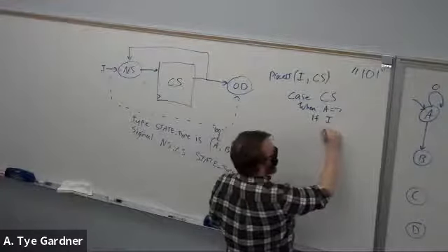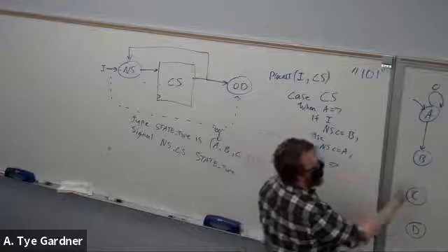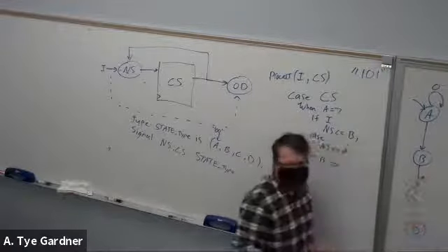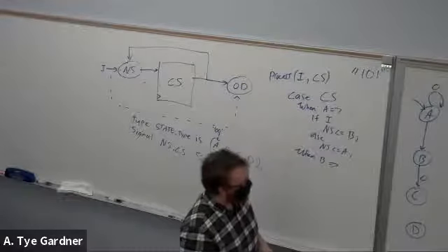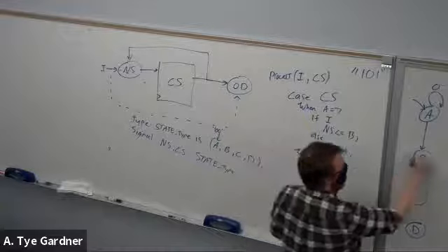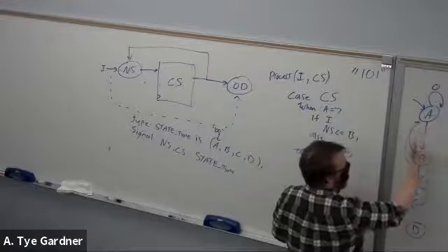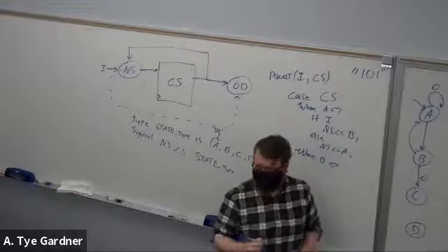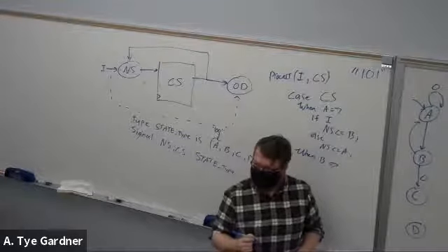When B. Well, in B, I'm looking for 101. So if I see a 0, I get to move on. If I saw a 1, does that work? Is that where I want to be?